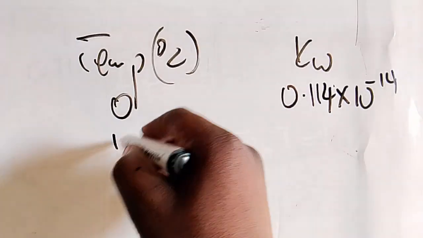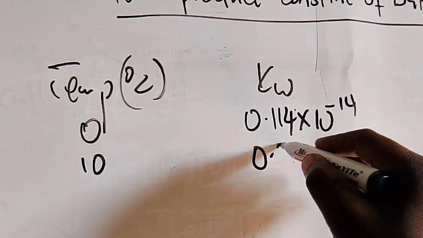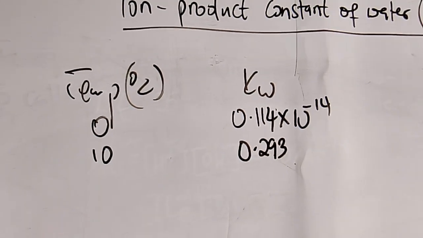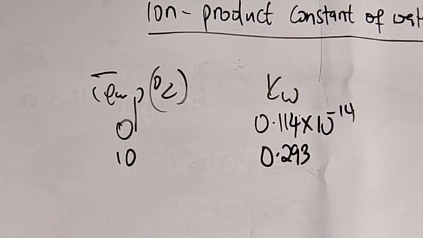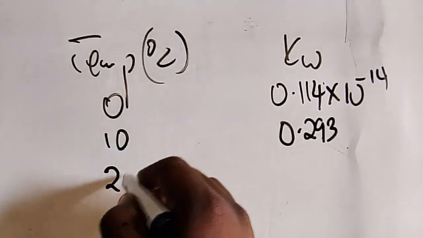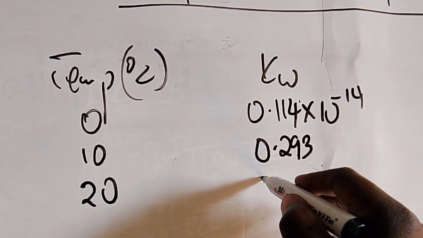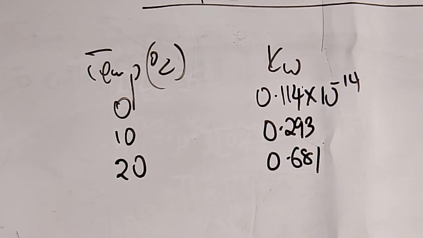Then at about 10 degrees, it's 0.293 times 10 to the power negative 14. Then at 20 it goes to about 0.681.